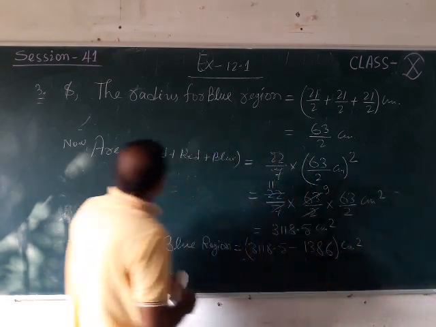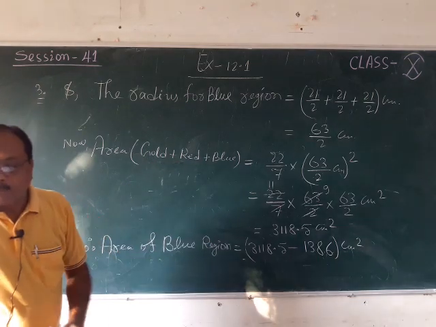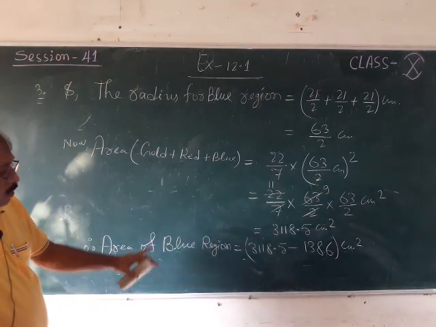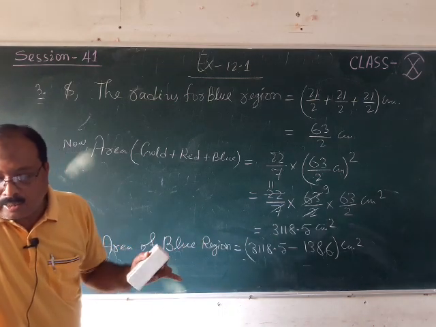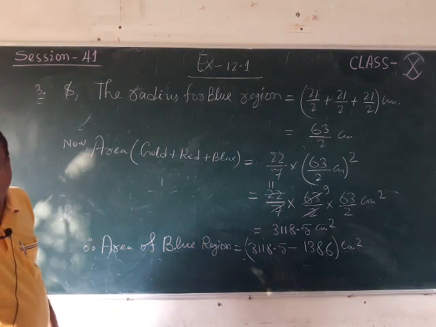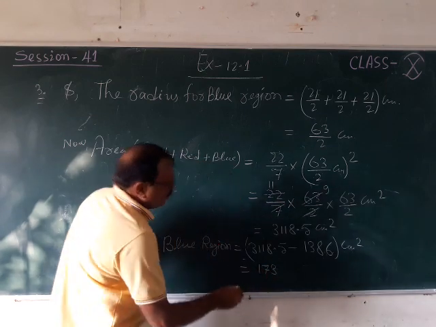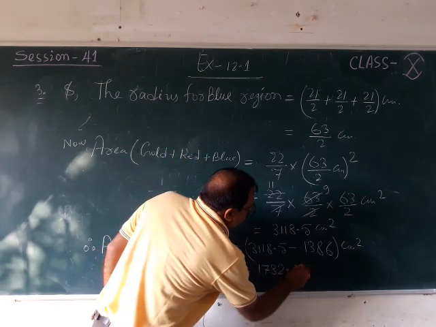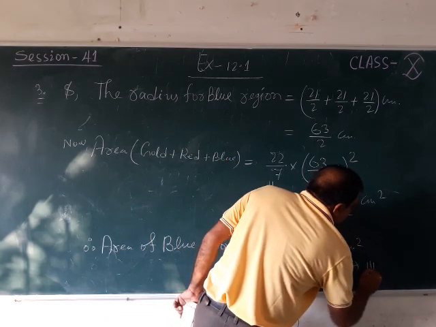That means the sum of the areas of gold plus red you need to subtract from there. So you need to subtract 3118.5 minus this area, means 1386, that is 1732.5, that is 1732.5 cm square. So this is your answer number 3.